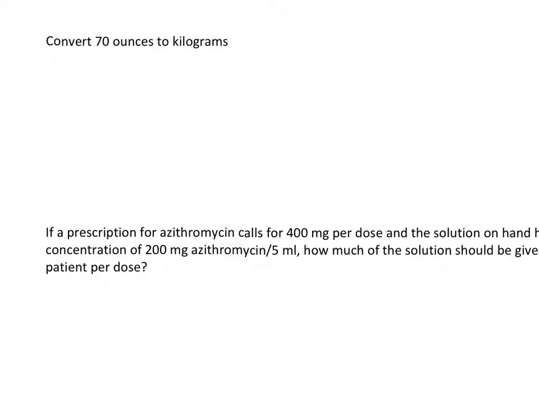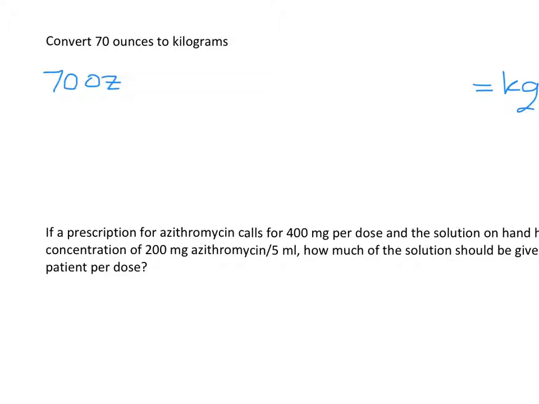Okay, convert 70 ounces to kilograms. So again, we start off with what's given to us. So we will have 70 ounces, and we want to end up with kilograms. So I'm just going to put that over here just to remind us where we're going. Because we're going to be using the conversion sheet to come up with the different ratios to get from ounces to kilograms.